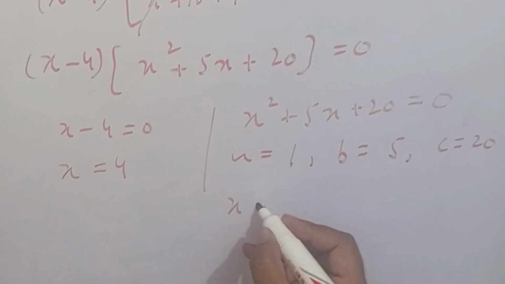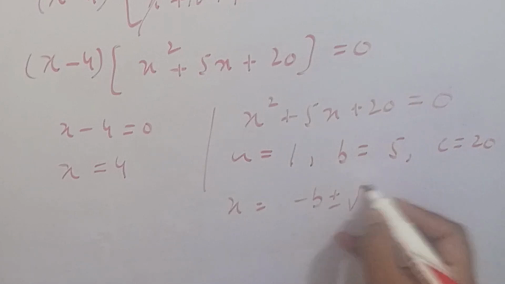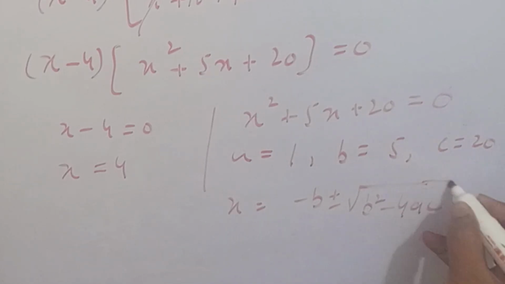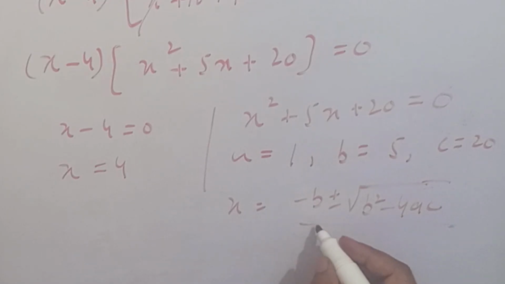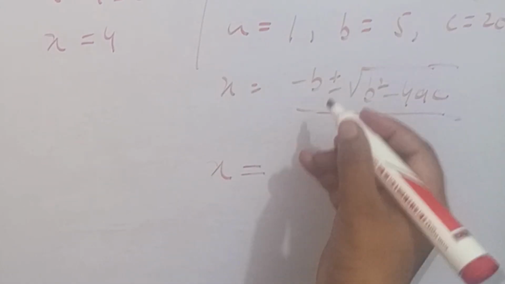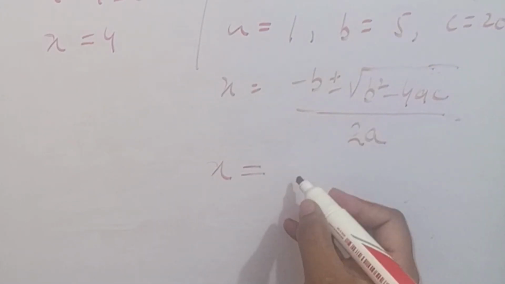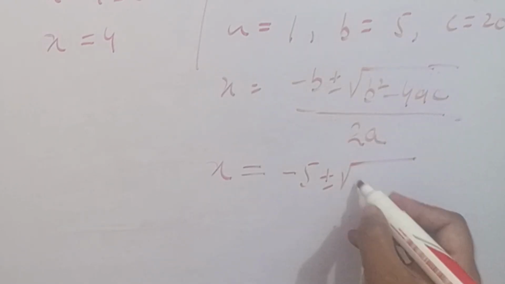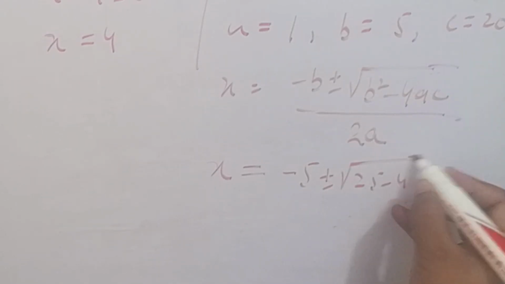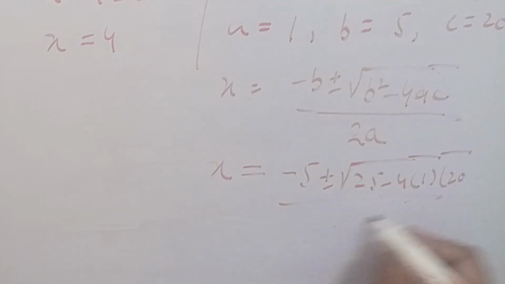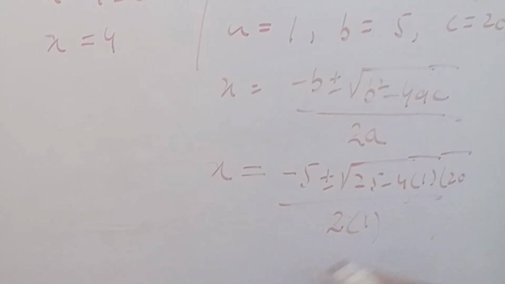The formula is x is equal to negative b plus minus square root of b square minus 4 times ac over 2a. Here b is 5, so we write minus 5 plus minus square root of 5 square, which is 25, minus 4 times a is 1 and c is 20, over 2 times a is 1.